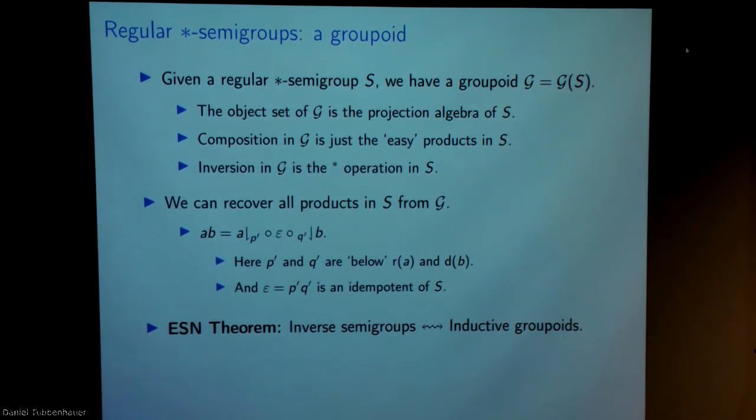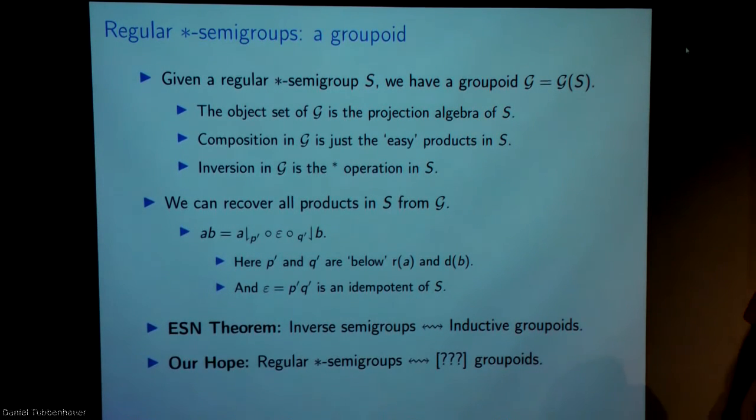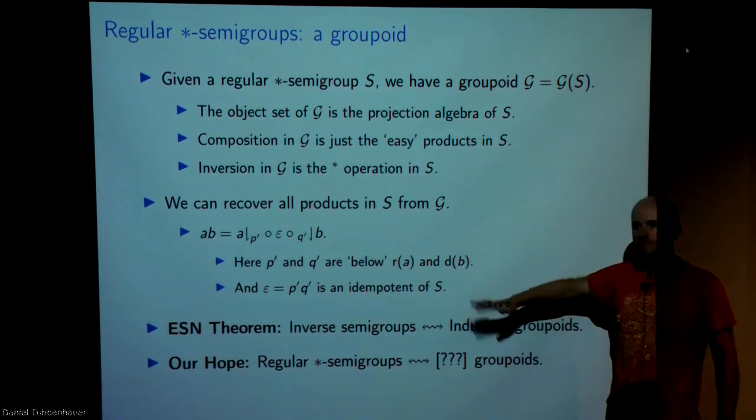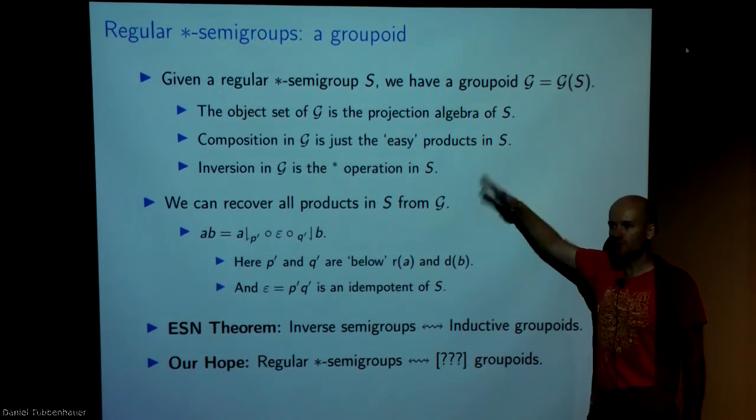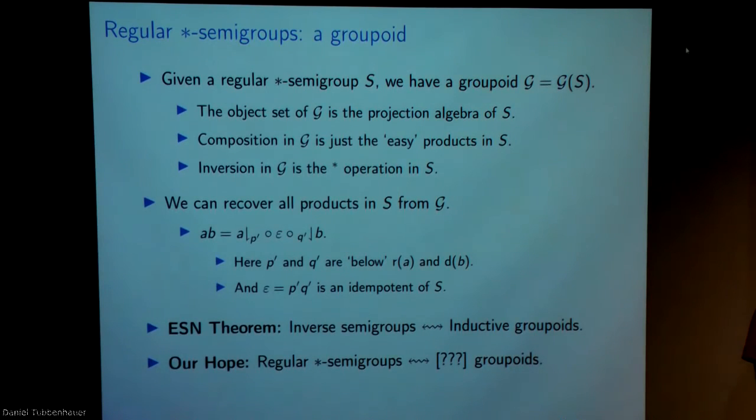All right, so we have this theorem that tells us that inverse semigroups correspond exactly to the groupoids that you get out of this construction, which turned out to be the inductive ones. And we, of course, hope that regular star semigroups are going to be some kind of groupoids, whatever these groupoids turn out to be.